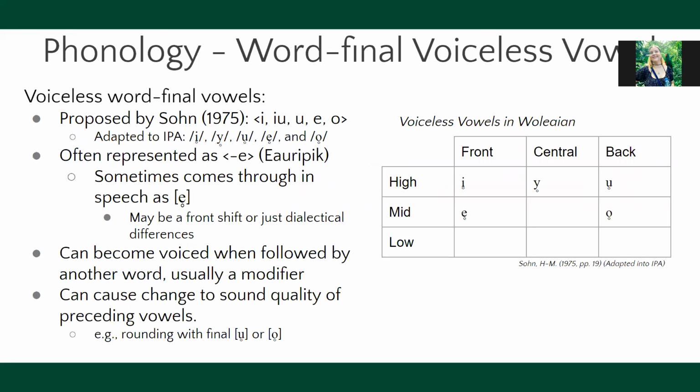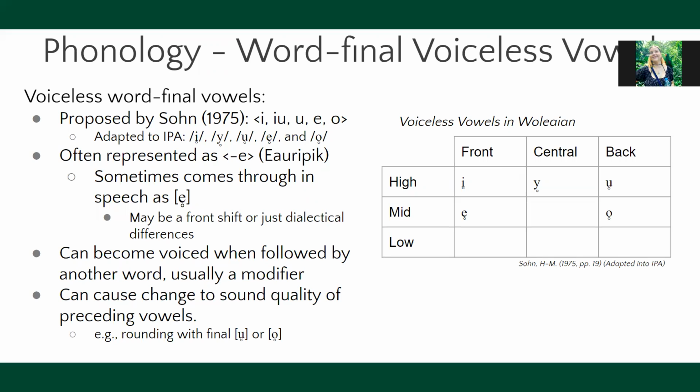Finally, Woleaian has word final voiceless vowels. Son proposes the 5 shown in the table here, though I adapted them into the IPA just for readability. In the Europic dialect, however, the word final vowel in the orthography will often be the orthographic E instead of whatever vowel Son proposes in his grammar or dictionary.